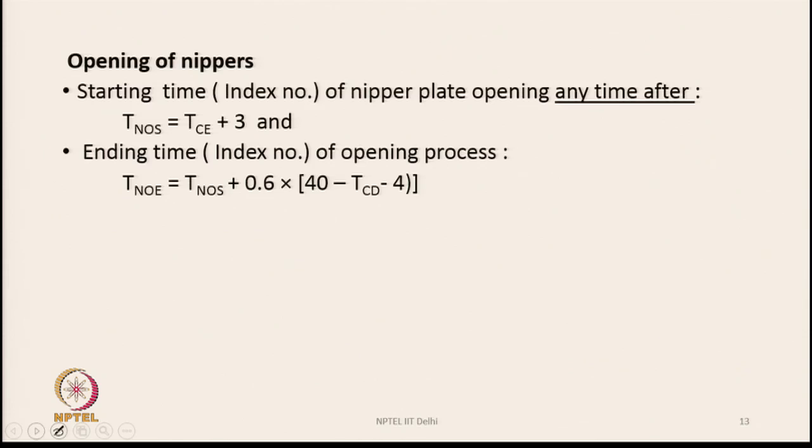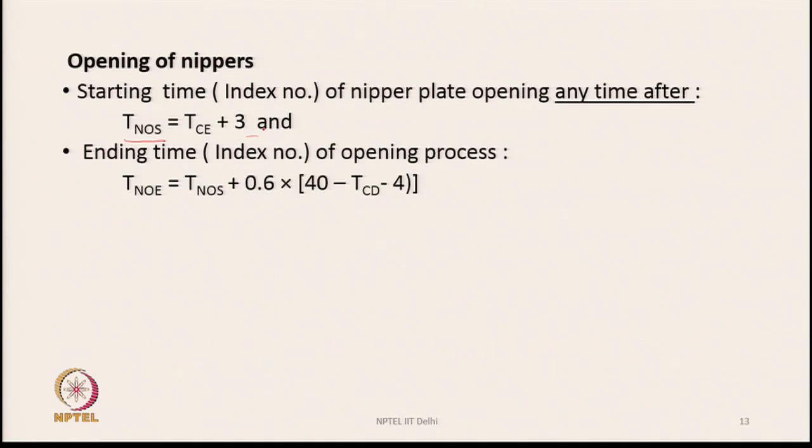So, opening of nippers, at what time are we going to start? The starting time will be any time after TCE, that is the starting time of nipper opening, TNOS, where O stands for opening of nippers, should be TCE plus a time duration which is given, that is 3.